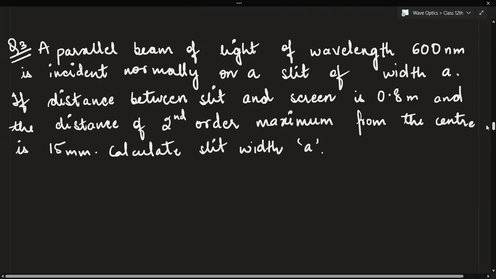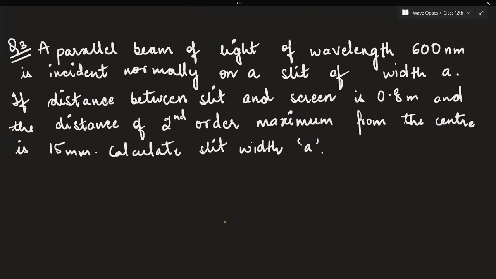This question says that a parallel beam of light of wavelength 600 nanometers is incident normally on a slit of width a. The distance between slit and screen is 0.8 meters and the distance of the second order maximum from the center is 15 millimeters. This is the y2 value, 15 millimeters, and second order means n is 2, maximum.